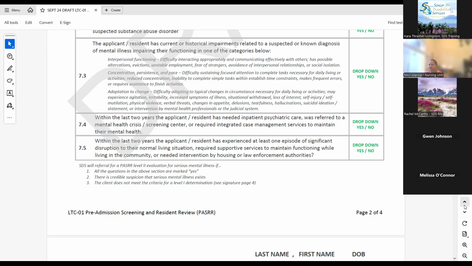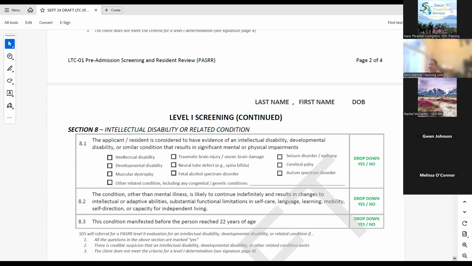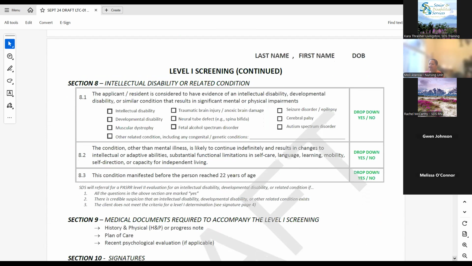Jennifer's question in the chat: the person that screens and completes the PASRR is making the determination that a level 2 is not needed. Yes and no. As the screener is answering all of the questions in the form, the responses to those questions are leading the screener to an outcome, whether the screening is negative or triggering of a level 2.